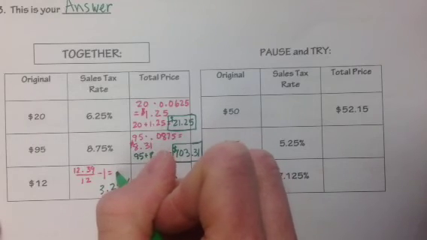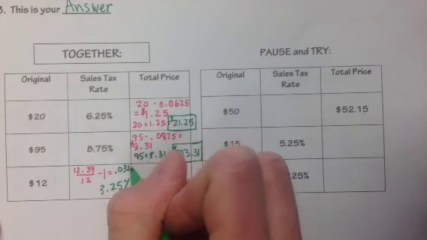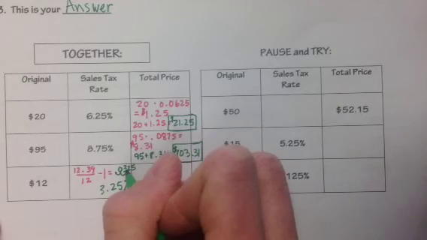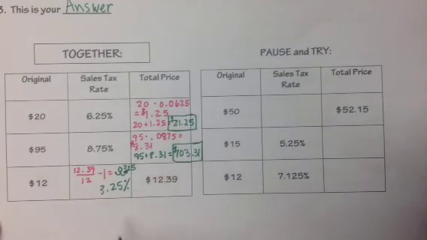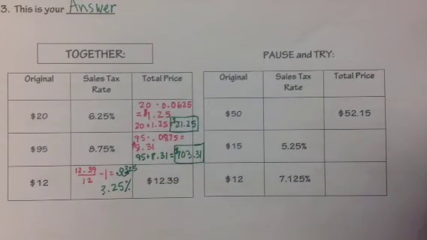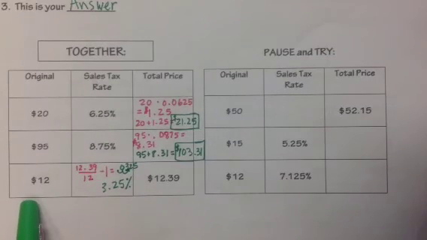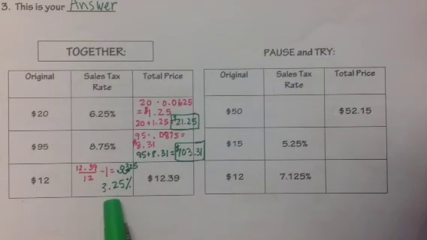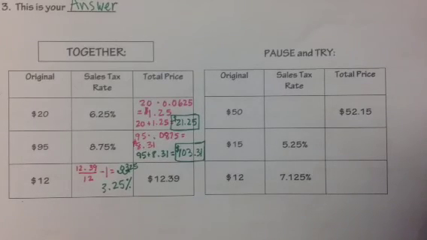So this really equaled 0.0325, and then I moved my decimal 2 places, and now it's right here. So that means that on a $12 item, paying 3.25% tax, I'm going to end up paying $12.39 total.